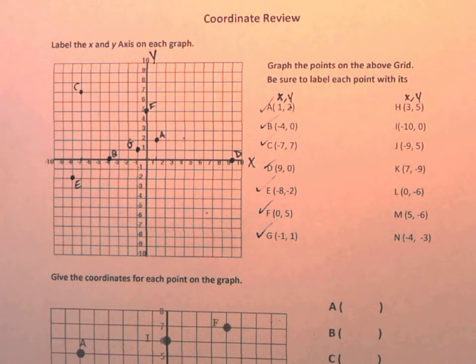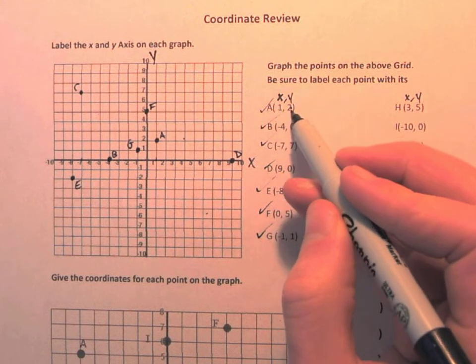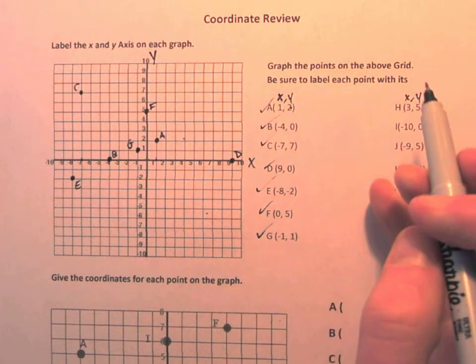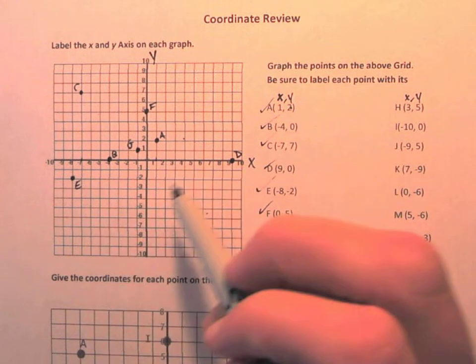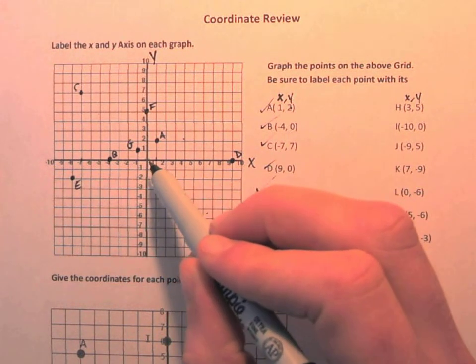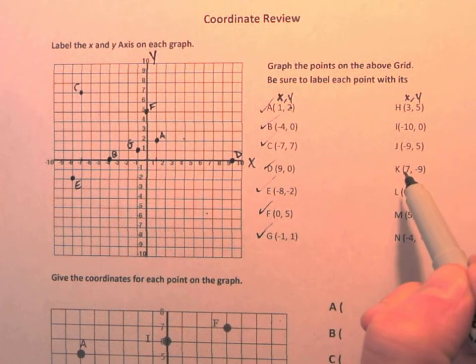Alright, so that's generally how I always label it, is I always go on the x-axis first, and then I either go up or down depending on what the y number is. So I'm not going to do the rest, but that's how we do coordinate axes. We never went into this kind of quarter, so we would need a positive x number and a negative y number to go in here. So something like K would be down there somewhere.